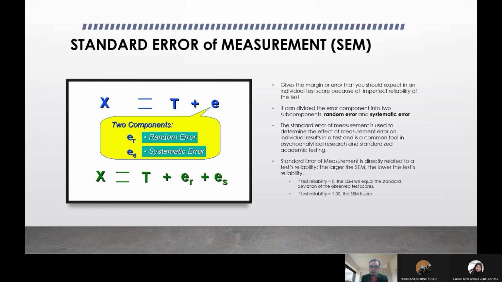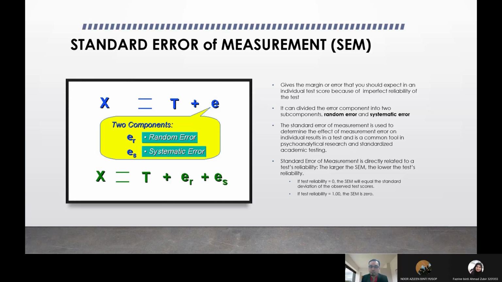So the standard error of measurement is used to determine the effect of measurement error on individual result in a test and is a common tool in psychometric research and standardized academic testing. So SEM ni is an important indicator untuk any type of psychological punya analytical research or any psychometric instrument that we use in our research.